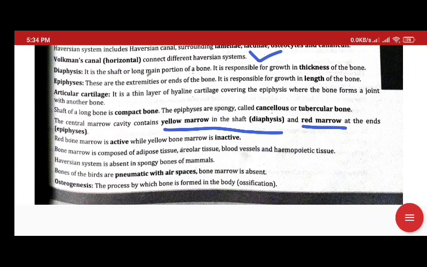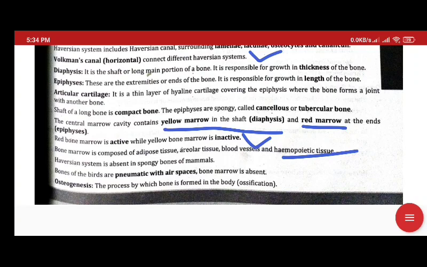In bone, red bone marrow is active and yellow bone marrow is inactive. Red bone marrow forms red blood cells, the formed elements, so it is hemopoietic tissue, the blood-forming and RBC-forming tissue.